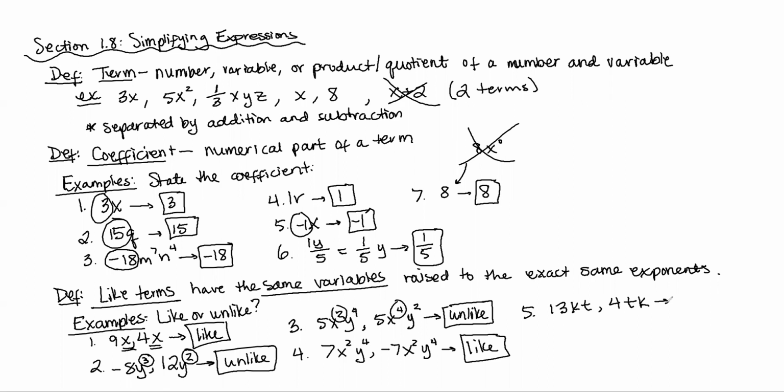But remember, multiplication is commutative, which means we can just switch these around and it's the exact same thing. So they have a t and a t raised to the first power, a k and a k, which means these are like terms. The ordering for the variables does not matter because we're multiplying.